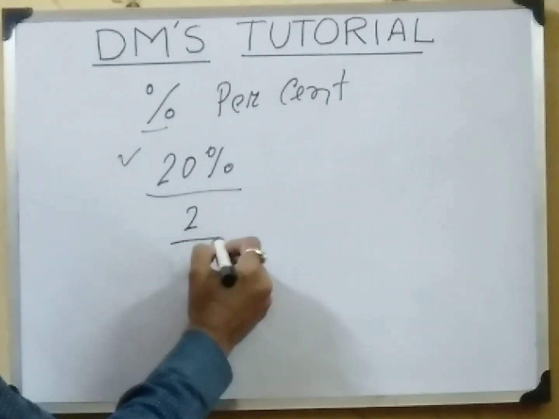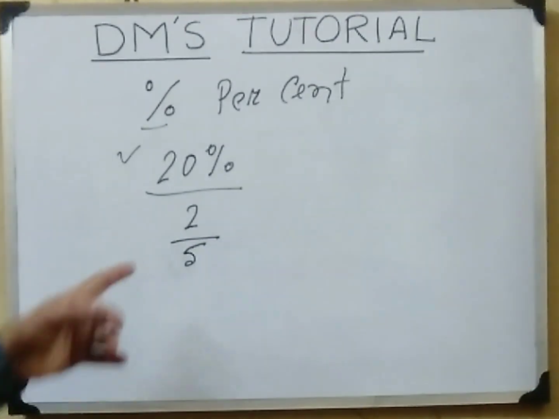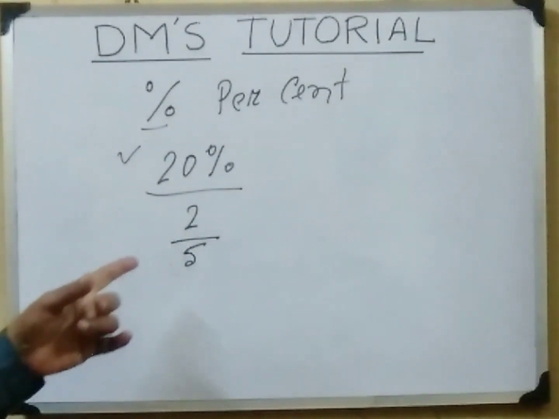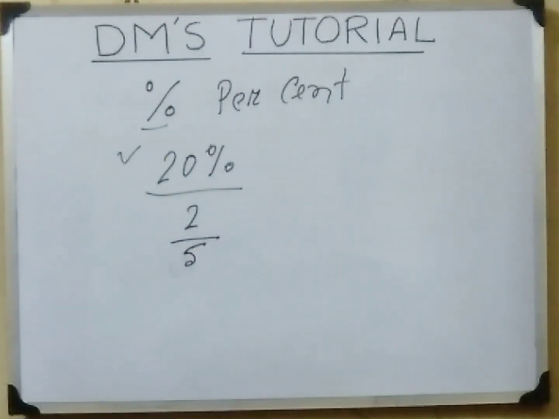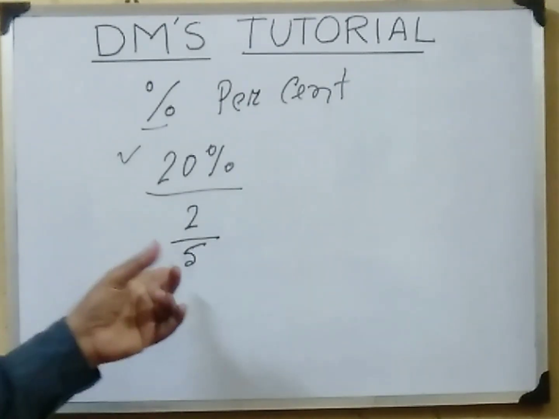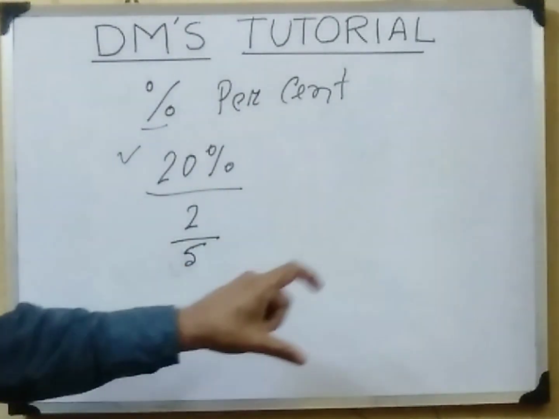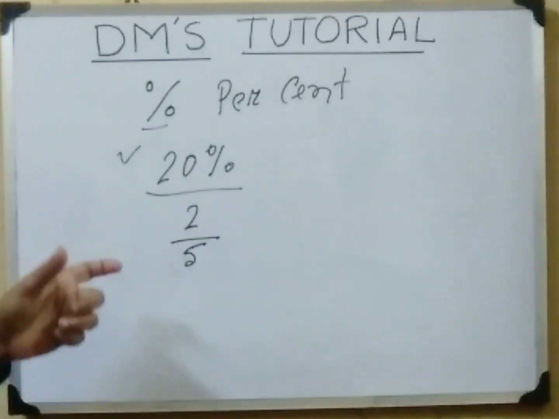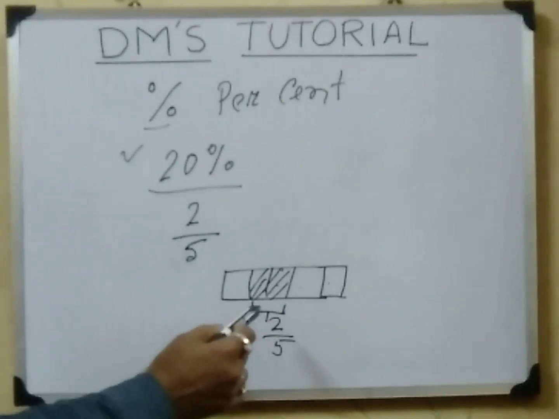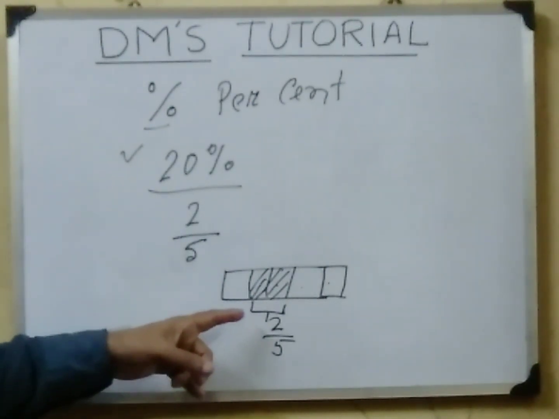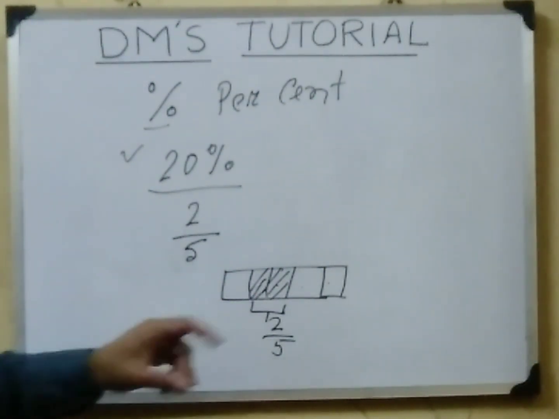I am writing here a fraction 2 by 5. What does it mean? This means 2 out of 5. That means there are 5 equally characterized particles, and from those I am picking up 2 particles. Here students, you look, numerator is 2 and denominator is 5.